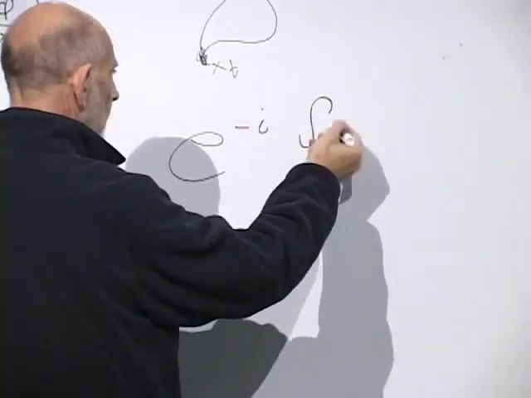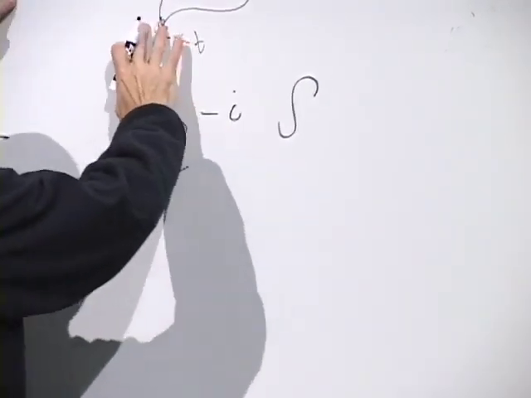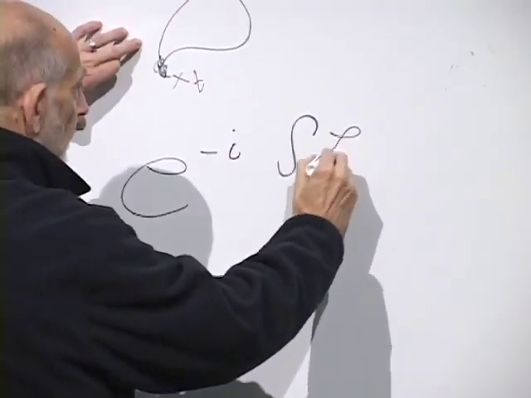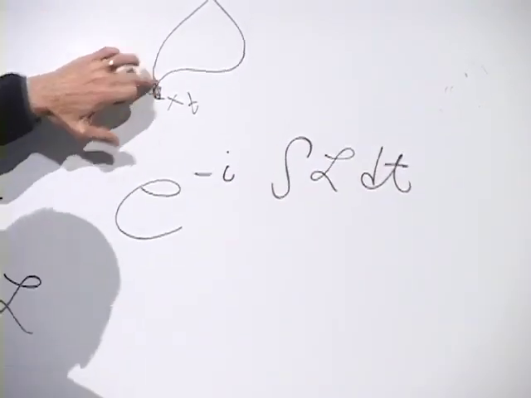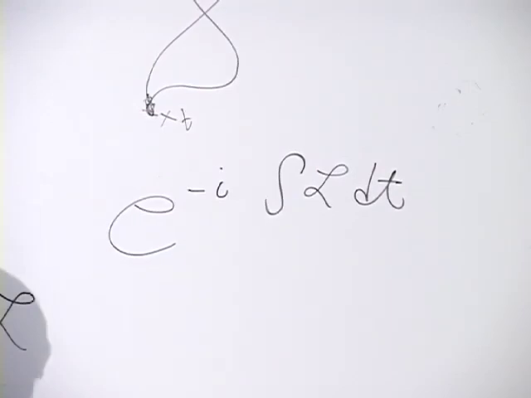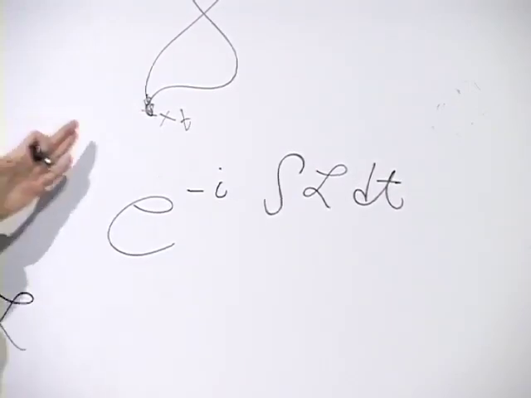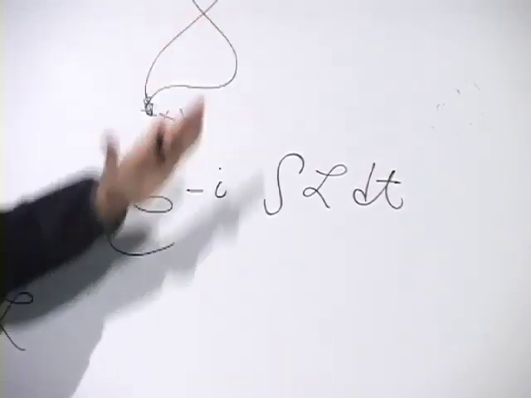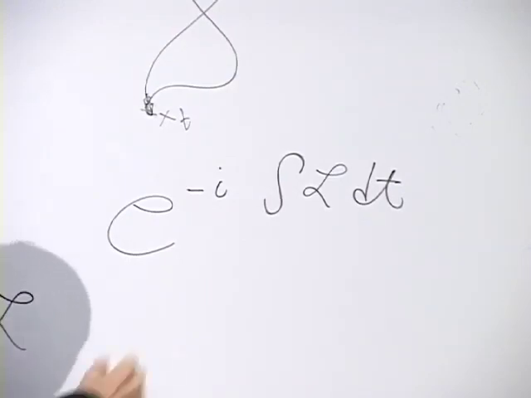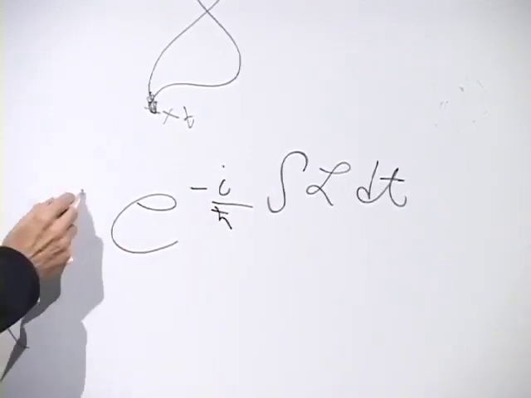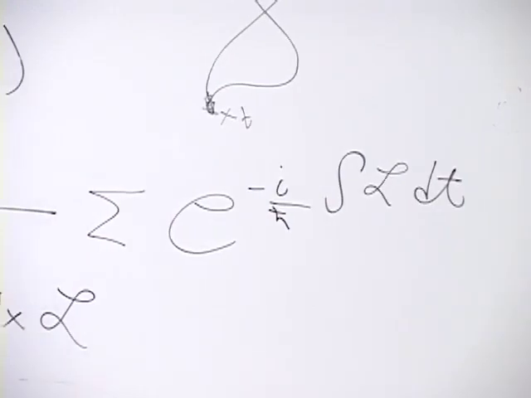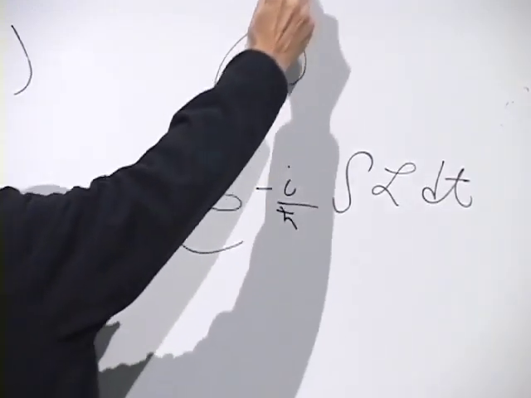It's the integral of, now we're talking about particles, the integral of the Lagrangian dt from one point to another point. It's a functional of the trajectory. And now, actually there's a factor of h bar in here. That's where quantum mechanics comes into it. Sum this, or integrate it, over all possible trajectories.